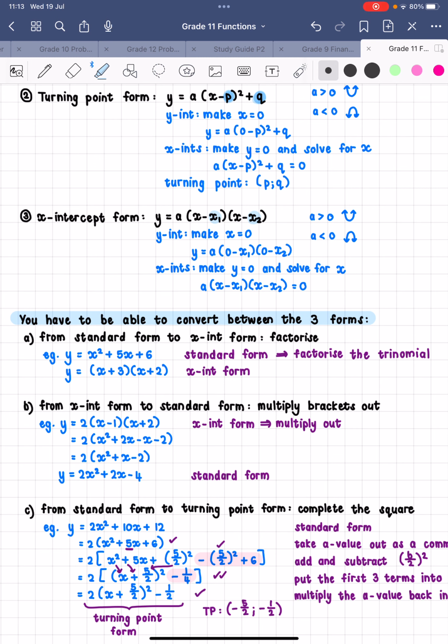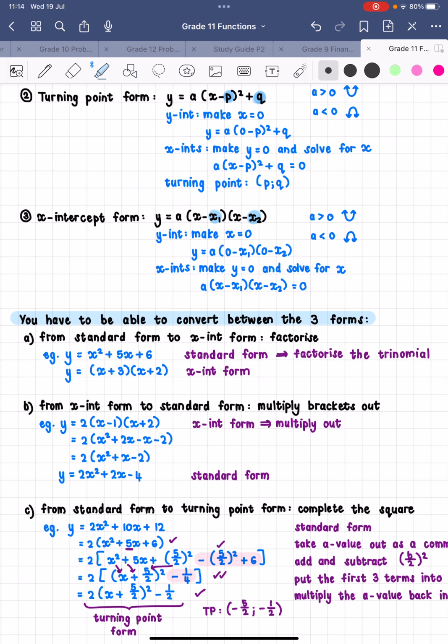So x-intercept form is not really a form that is commonly given in a question. So usually if they're asking you to draw a parabola, they will either give you standard form or turning point form. X-intercept form is more something that we use when we have to find the equation of a parabola. So what I have here is x1 and x2, and the values of x1 and x2 are your x-intercepts.